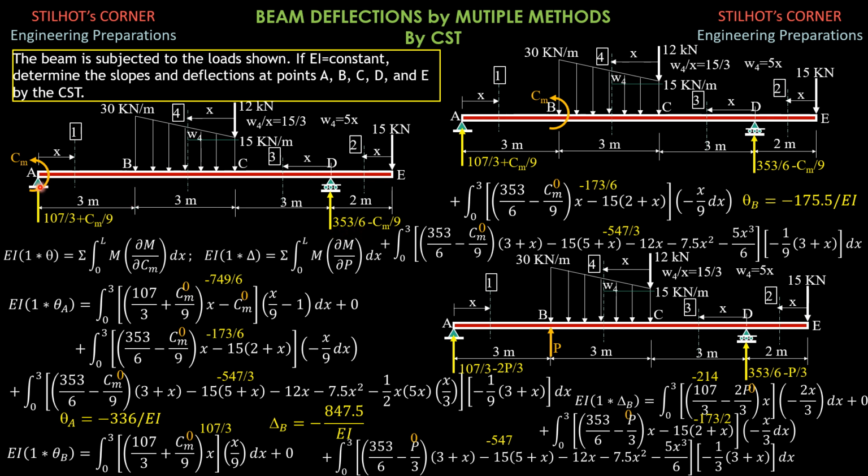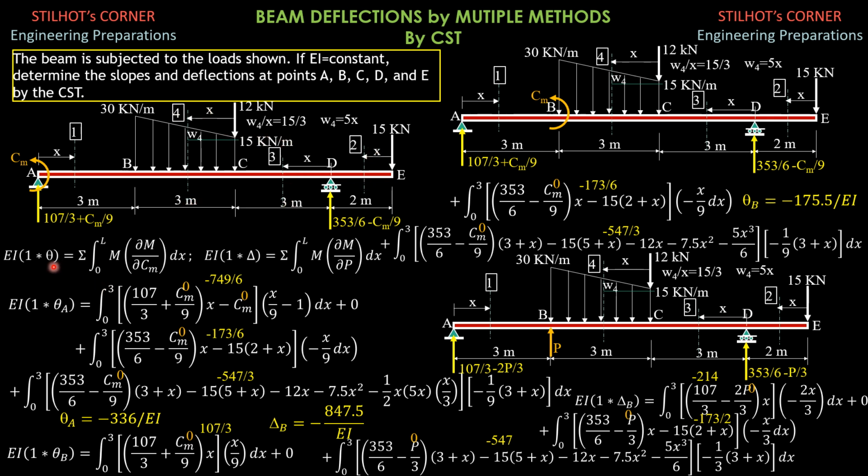If we just focus on the contribution of C sub m, summation of moment about D equals 0, so reaction at A due to C sub m times 9 equals C sub m. That's why this is now 107 over 3 plus C sub m over 9, and at the right side, 353 over 6 minus C sub m over 9. So same sectioning, 1, 2, 3, and 4.